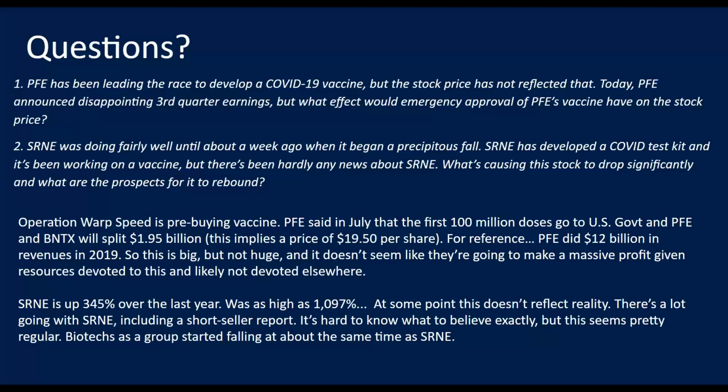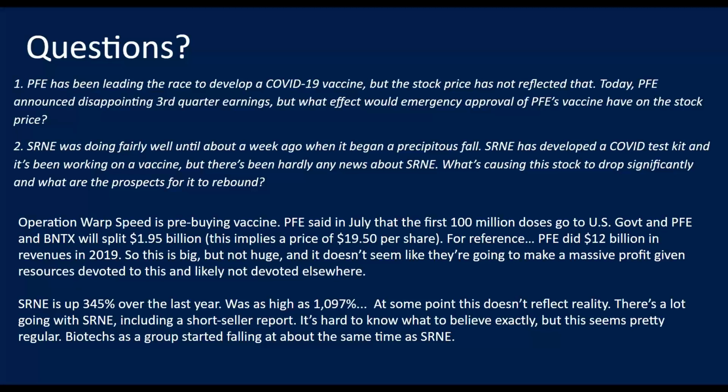So the first 100 million doses are sold at what looks like $19.50 per dose. So yeah, if your first 100 million doses are already sold at a price, getting them sooner probably means that you sell more in the out years, but I'm not sure exactly how to value that.